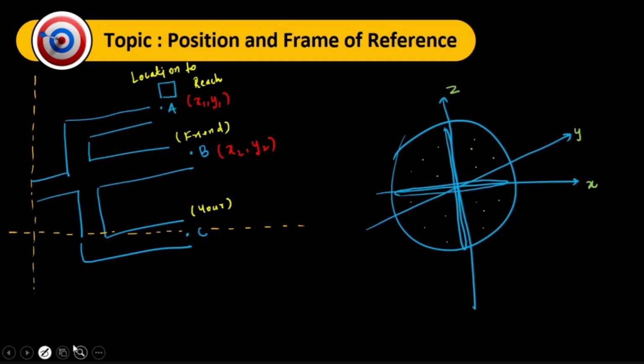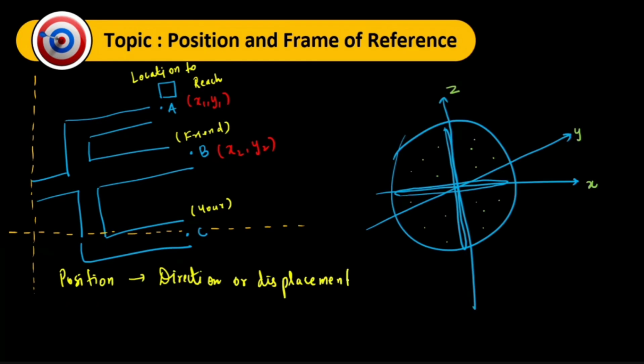So in order to define a position, I would say that position is something which can be defined as the direction or displacement with respect to the origin. Now, whatever origin is considered, the direction and displacement would be different, so it will give a unique position every time. Now, the next thing here is something we call frame of reference.